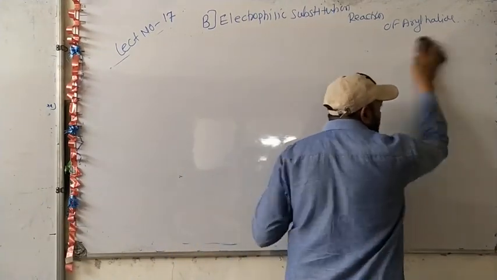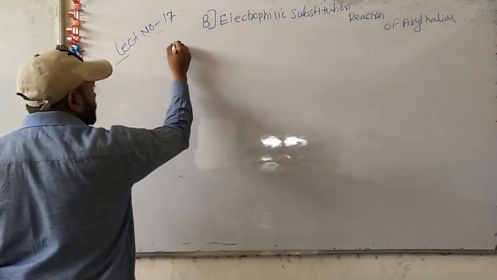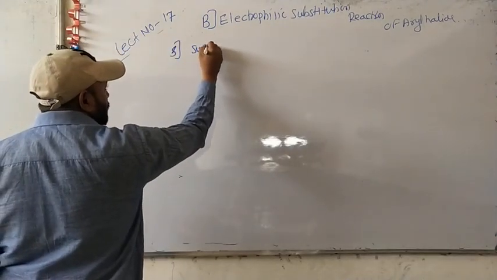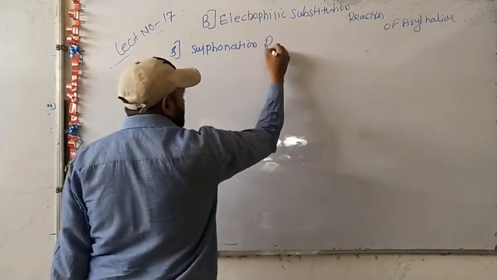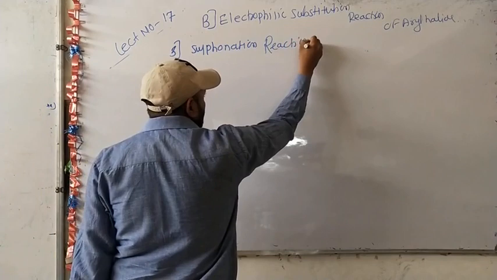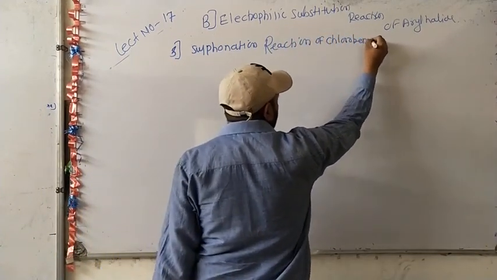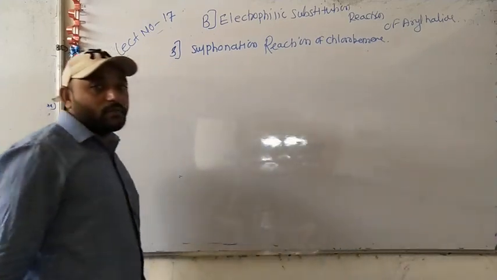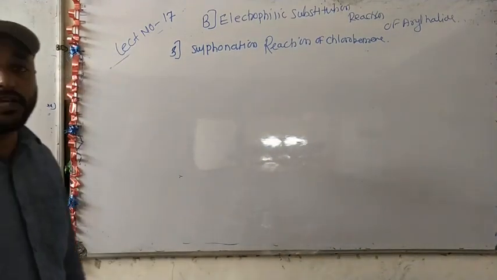Third, sulfonation reaction of chlorobenzene. This sulfonation is generally carried out by using fuming sulfuric acid.